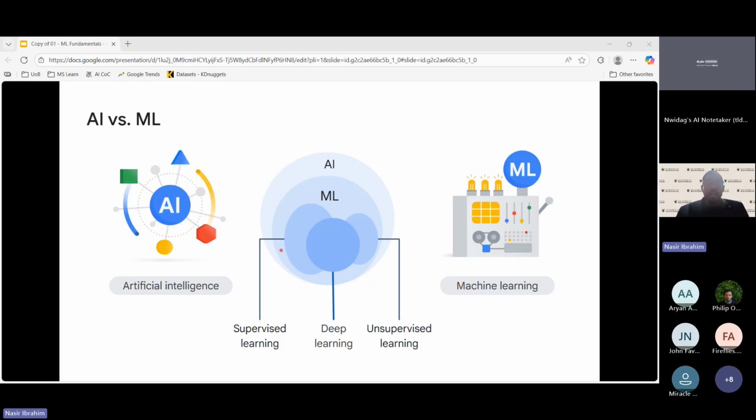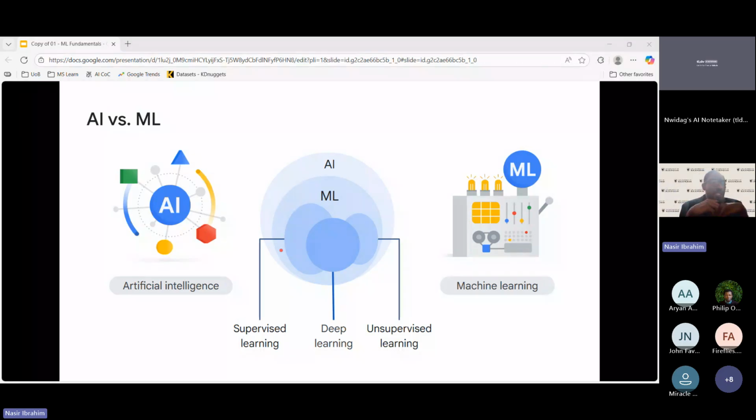That could be robotics, self-driving cars, a document categorization system, or a diagnosis system. Okay, everything has the label of AI. But inside of that AI, we have what is called machine learning. Machine learning is a subset of artificial intelligence, and what it allows is for computers to learn without explicitly being programmed.